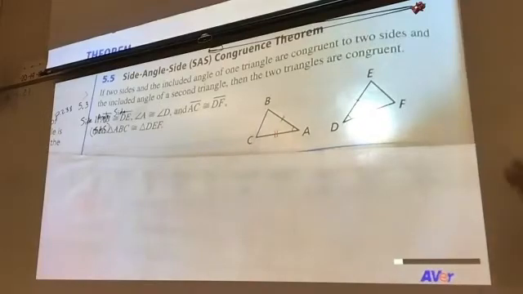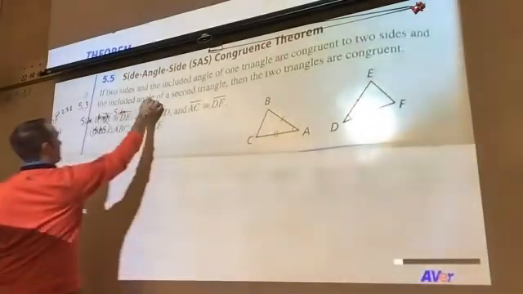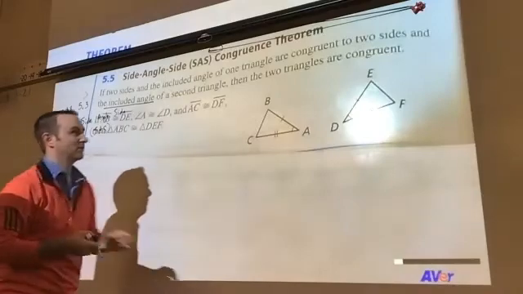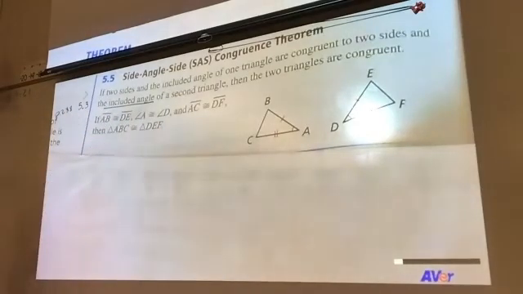So I need to have 2 pairs of sides that are congruent and what we call the included angle. Okay, the included angle. I would underline included angle wherever you have it written down. An included angle is the angle that's formed by the 2 sides that we know are congruent.